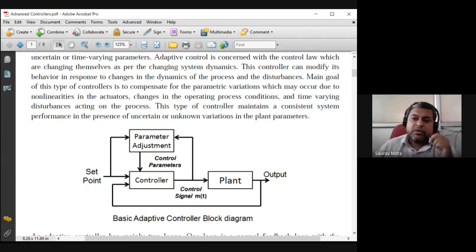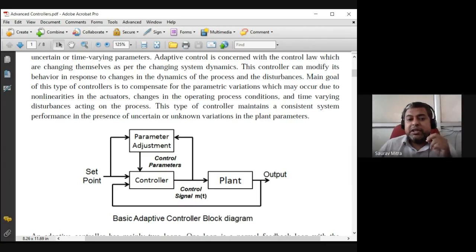If the speed is more, then for the same rotation your turn will be of one type. If the speed of the vehicle is less, in that case, with the same turn of the steering, the vehicle rotation will be of a different type. So the main goal of this controller is to compensate for the parametric variation which may occur due to the nonlinearities in the actuators. So actuators are nonlinear. For the same input, it will not give you the same output every time. It depends on all other related nonlinear conditions.